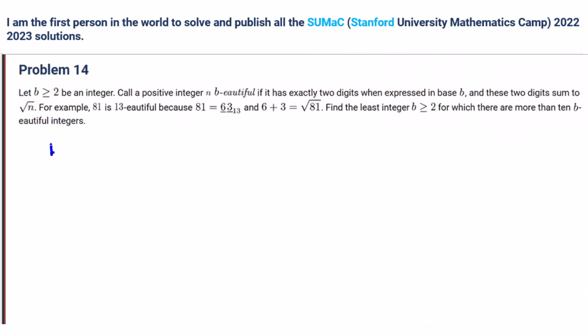It says b. So if b is 2, what can we say? That's exactly 2 digits. Then it'd just be like 1 0 1. These 2 digits sum to the square root of n.